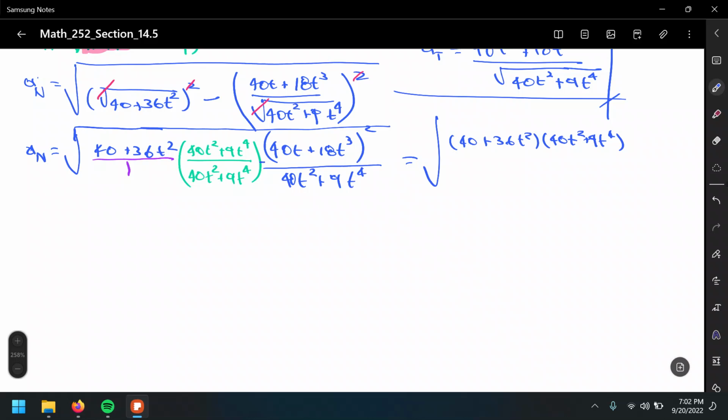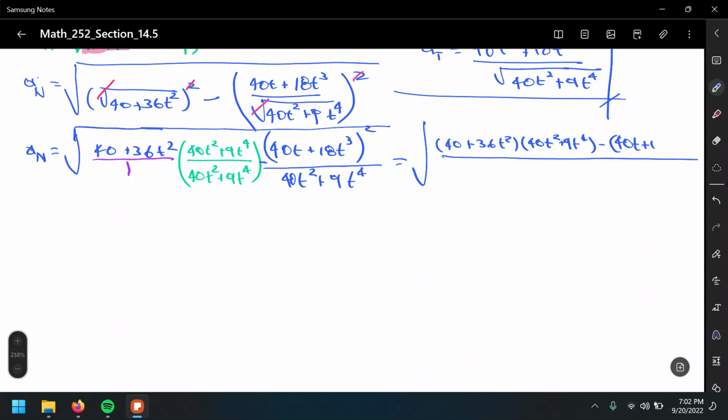This is supposed to be minus, and okay, now I'm gonna make it. Over here, and minus 40t plus 18t cubed quantity squared. The whole thing divided by 40t squared plus 9t to the fourth.